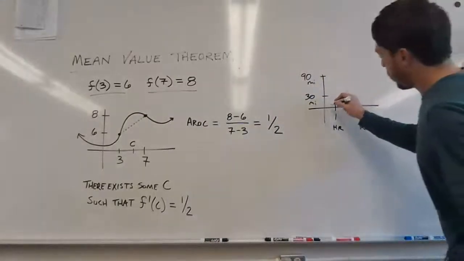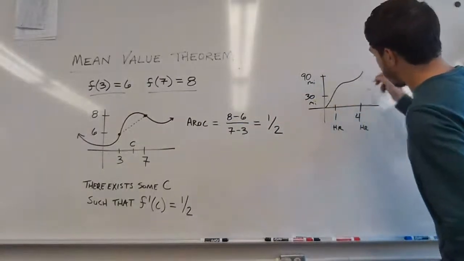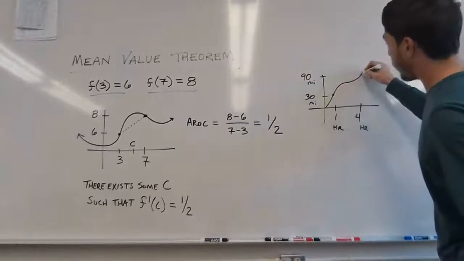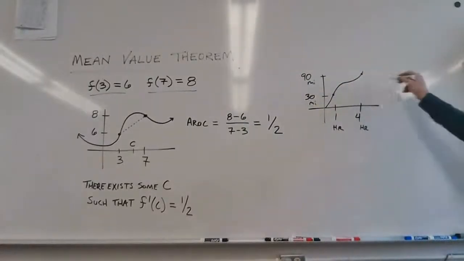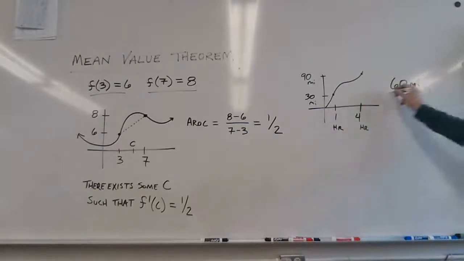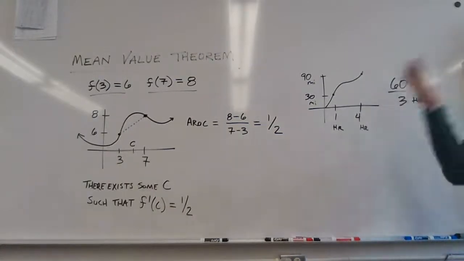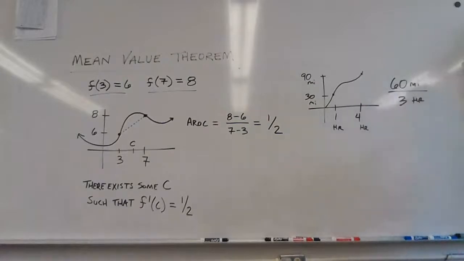That's a good jump. And suppose you didn't teleport or anything crazy. Well, does it stand to reason that if you went 60 miles over a 3-hour period, then there must have been some moment in time where your speedometer was reading exactly 20 miles per hour?